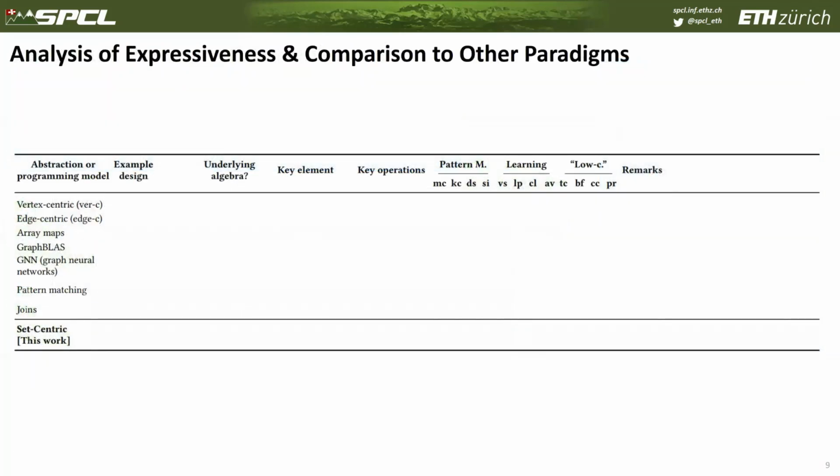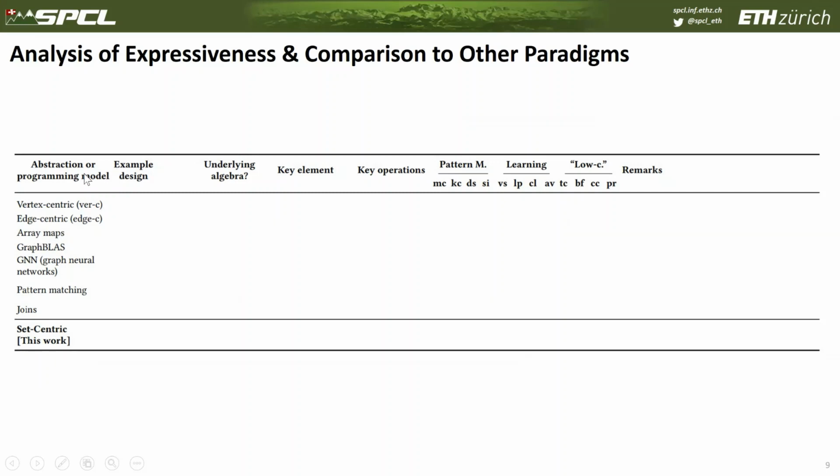We analyze the expressiveness of our set algebra based paradigm, comparing this to other paradigms. In this table, you can see a couple of different things. In the leftmost column, you can see different abstractions or programming models for graph analytics. We compared the set-centric paradigm to the vertex-centric paradigm, to the edge-centric paradigm, and to other popular abstractions used for programming graph algorithms.